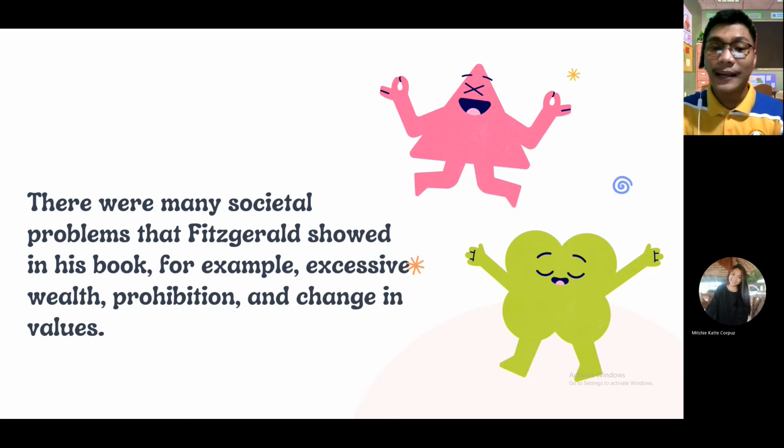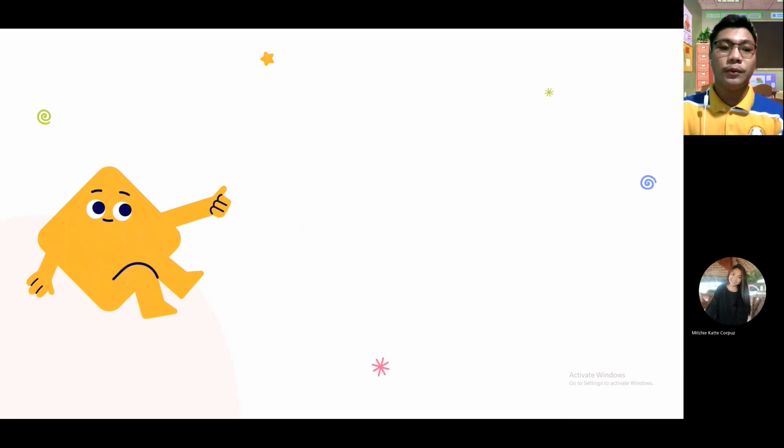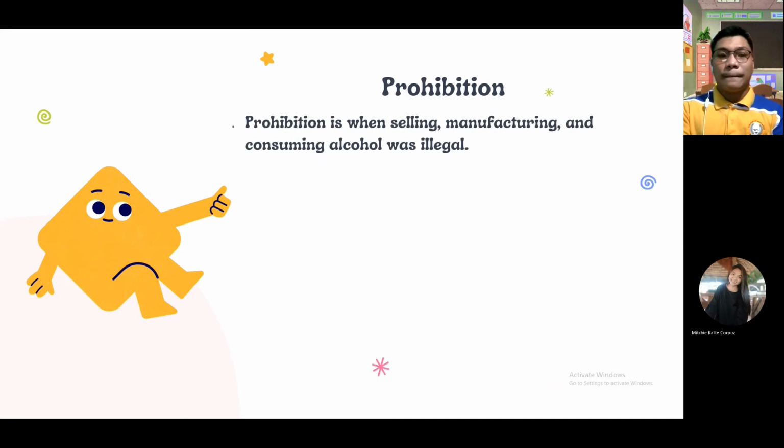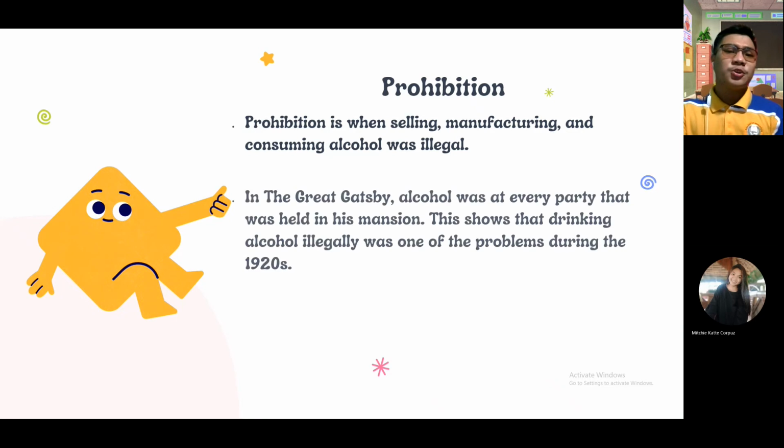For the first one, we will talk about prohibition. Prohibition is when selling, manufacturing, and consuming alcohol was illegal. During the 1920s, when this novel was published, it was illegal to buy or drink alcohol, but it was very common to have alcohol at parties.